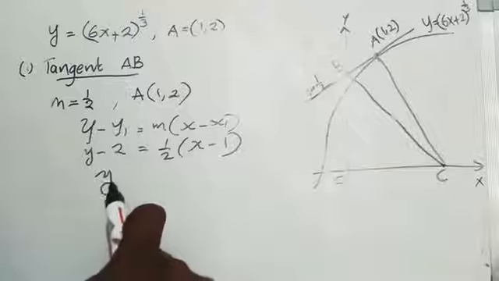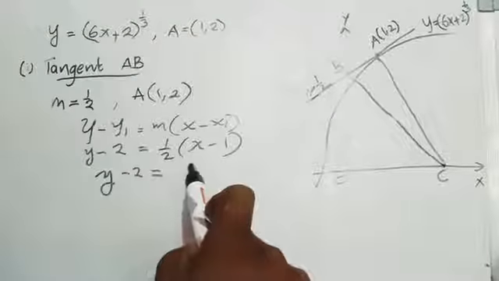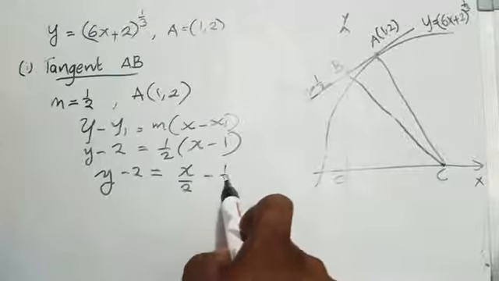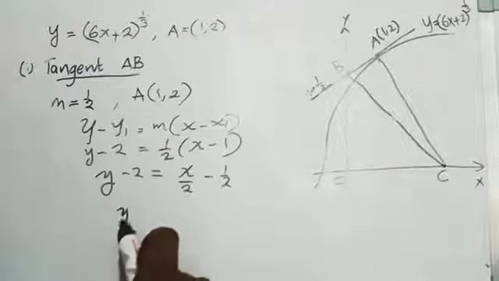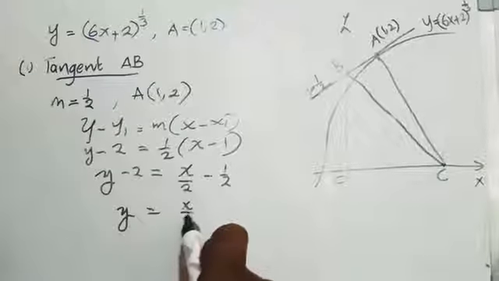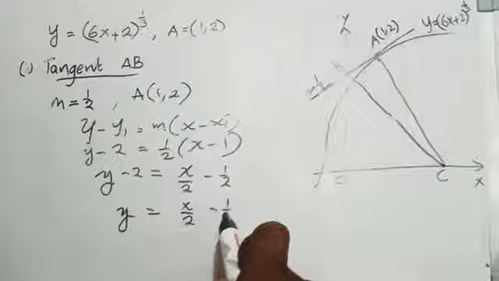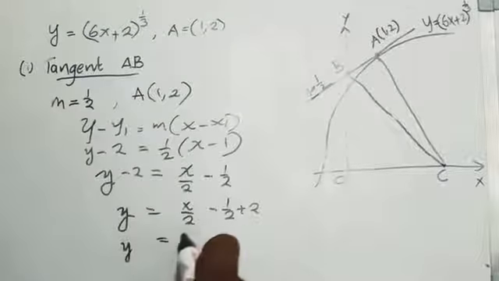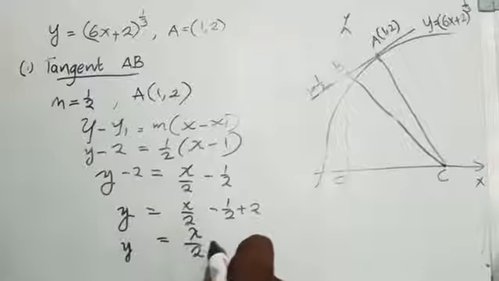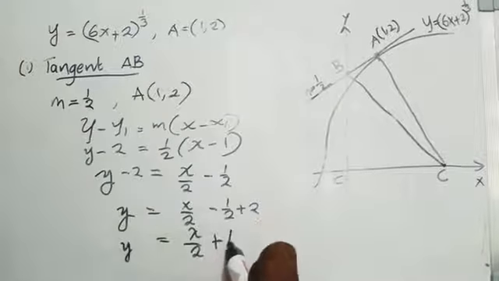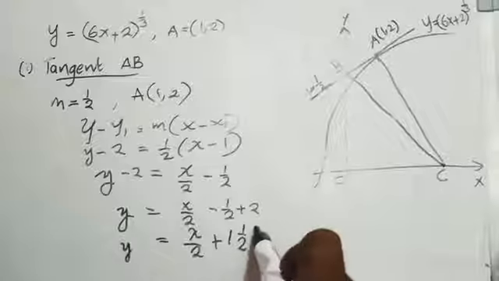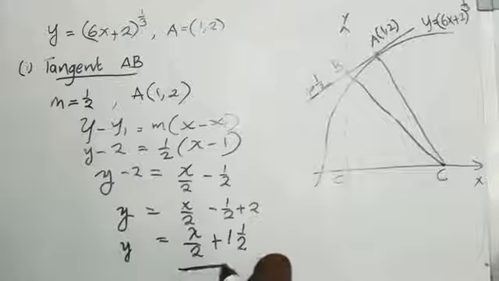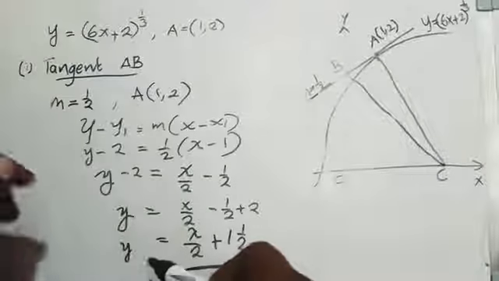That is y minus 2 is x by 2 minus half, or y is equal to x by 2 minus half plus 2, or we get y is equal to x by 2 plus 1.5 as the equation of tangent.